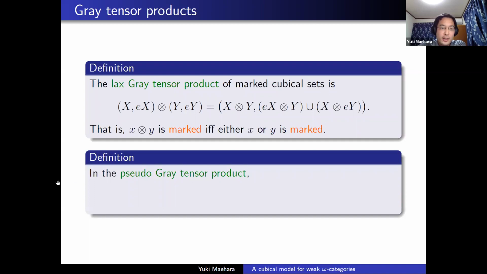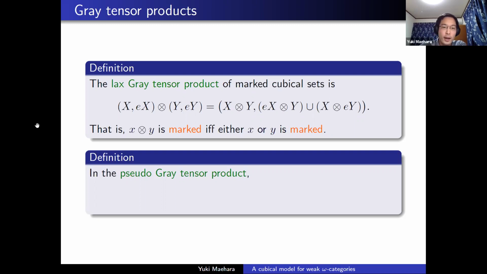The pseudo Gray tensor product, I won't go through the same sort of motivational example, but basically, somehow it should more or less be the Cartesian product. So the intuition here is that we should basically mark all the cubes that would be identities in the Cartesian product.